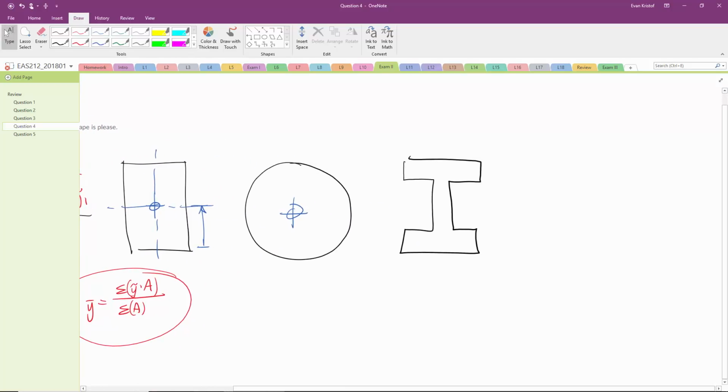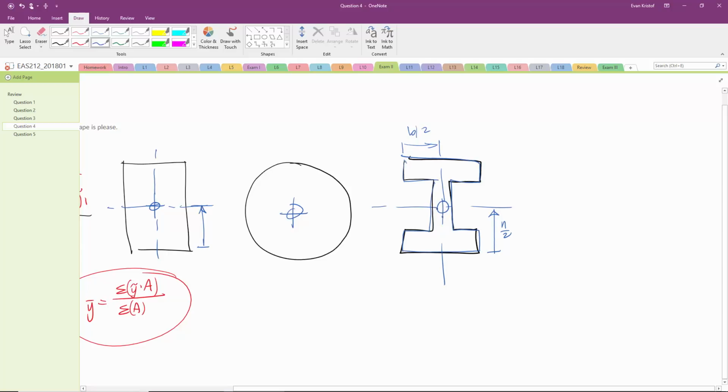And then some shapes, like the eye shape that I wanted to show you, just like the rectangle or the circle, if it's a doubly symmetric shape, if the geometry on the top is the same as the geometry on the bottom in terms of thicknesses, distances, stuff like that, then you can make the assumption that the centroid is simply half the height, half the width, b over 2 maybe.